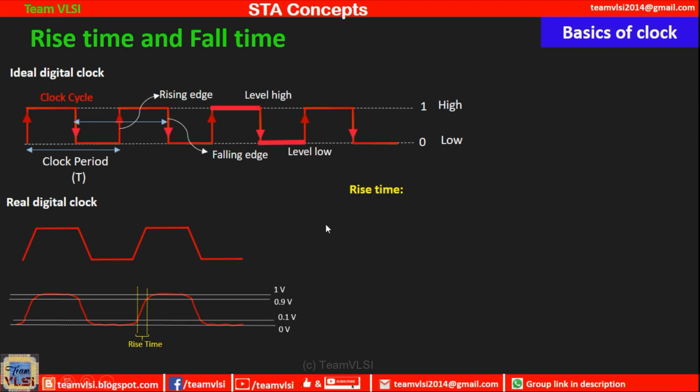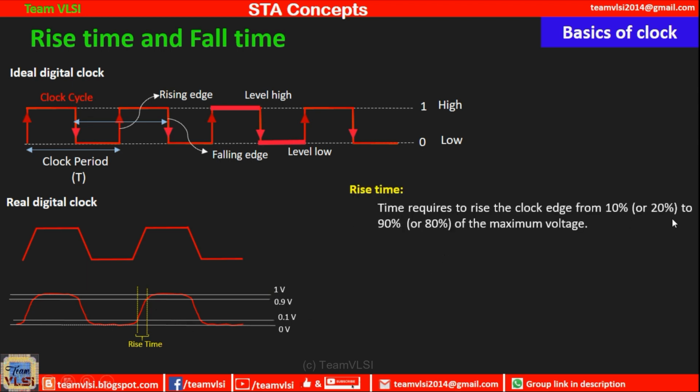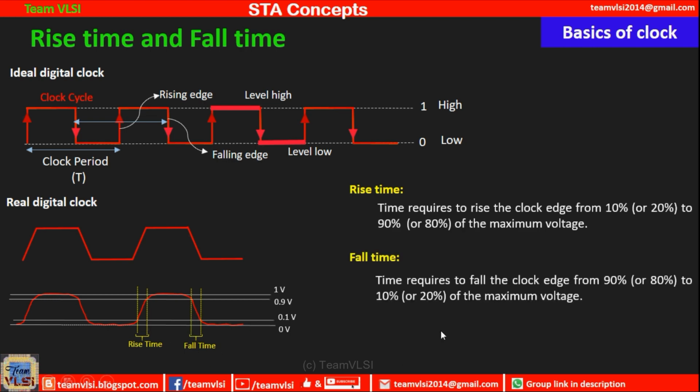In some cases it is also defined as from 20% to 80%. Similarly the fall time is the time taken by the clock to fall from 90% to 10%. This is called your fall time, and in some cases it is also defined as from 80% to 20%.